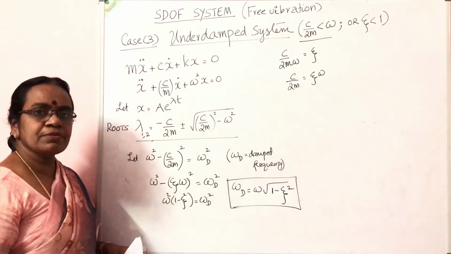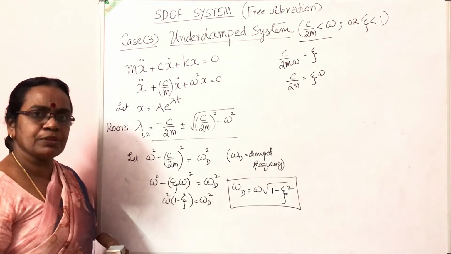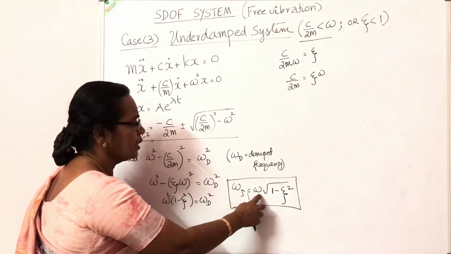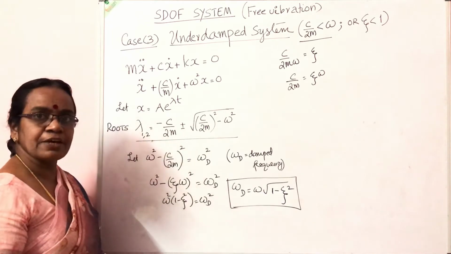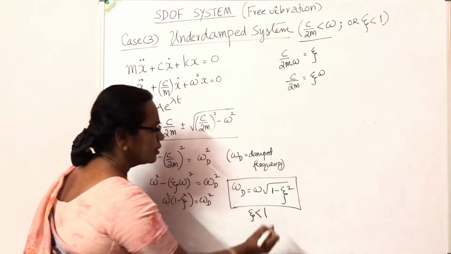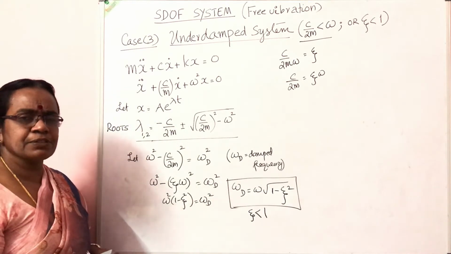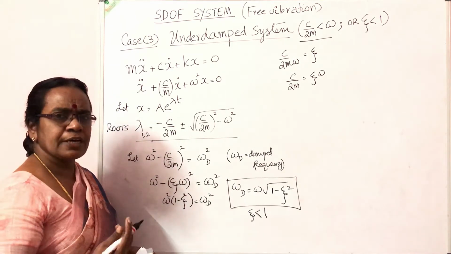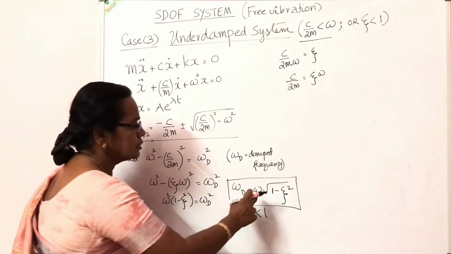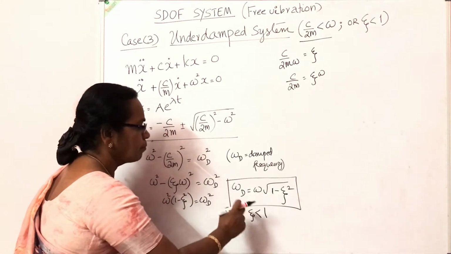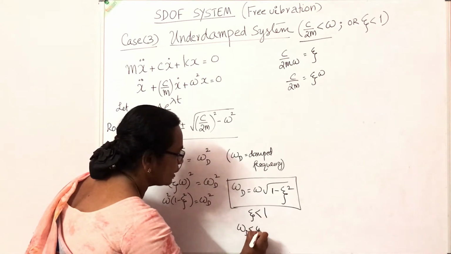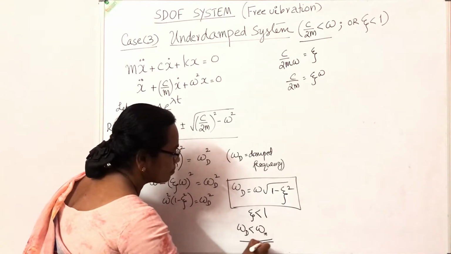So the damped frequency, or the frequency of a system with damping, is the natural frequency of the system omega times the root of 1 minus psi square. In this, the value of psi is usually less than 1. The percentage damping present in the system is about 10%, 20%, normal values. So this term is always going to be less than 1, and we can say the damped frequency will be less than the natural frequency.